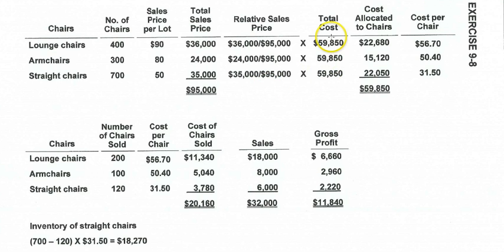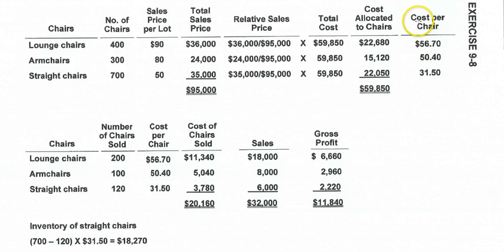Then we just take that times the actual cost, the amount paid. So now I can see I'm going to allocate, of the $59,850, $22,680 to the lounge chairs. So I'm just taking the fraction times the total to get the cost allocated to each of these types of merchandise. Okay, and of course the subcomponents are going to total to the sum of all.